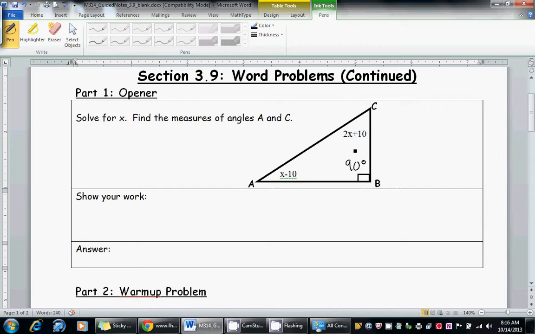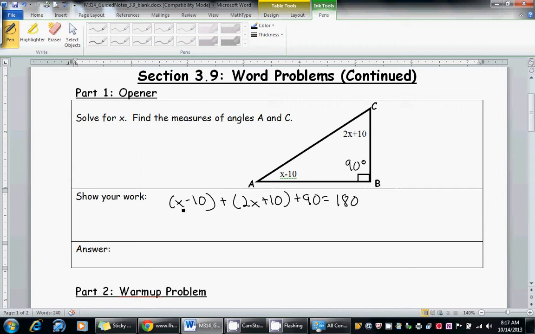Now if we recall, the three angles of a triangle add up to 180 degrees. So if I add these three up, this is going to be x minus 10 plus 2x plus 10 plus the 90-degree right angle, which should equal a total of 180 degrees.